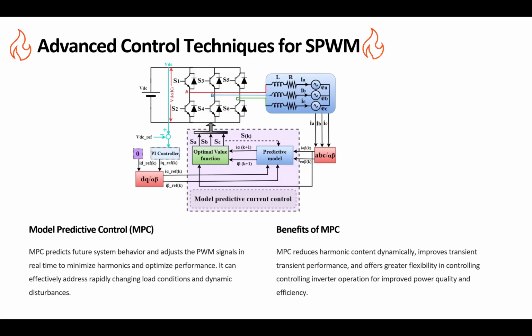I could say, most popular and easiest topics that you could have innovation in, because you're using advanced control techniques that are probably used in other fields of engineering. Try to combine them with SPWM and see if it makes it better.